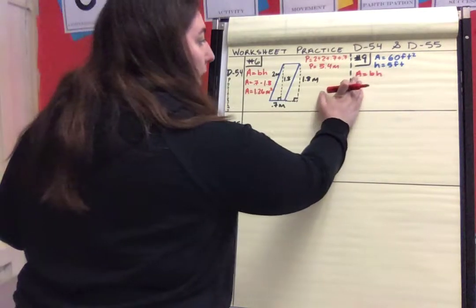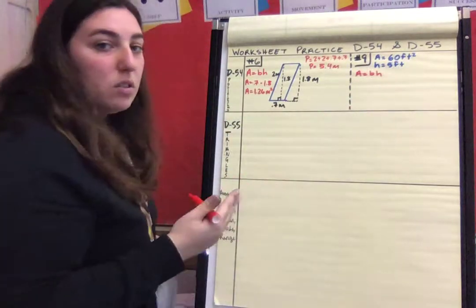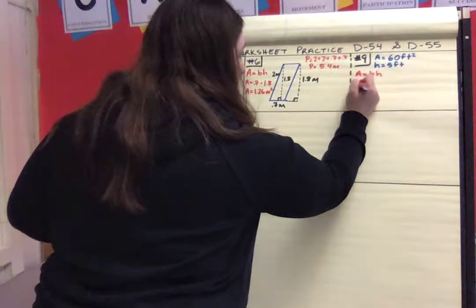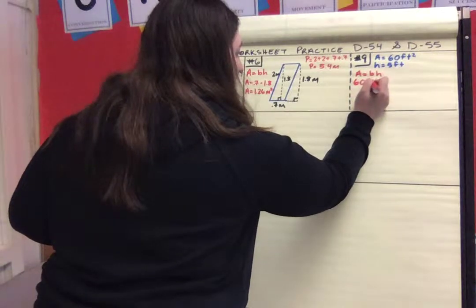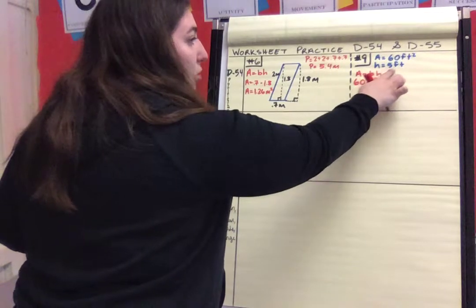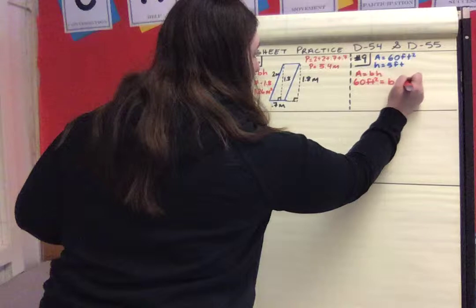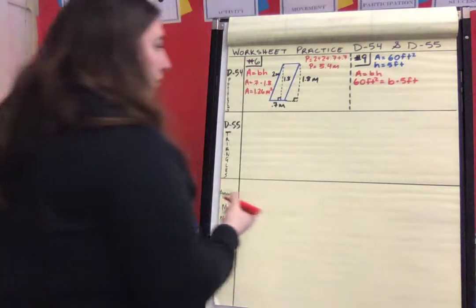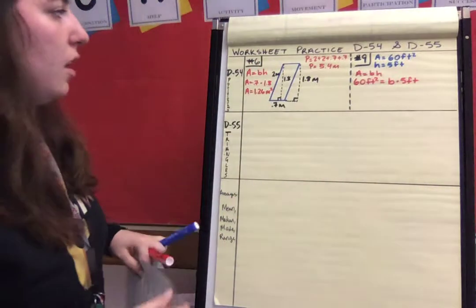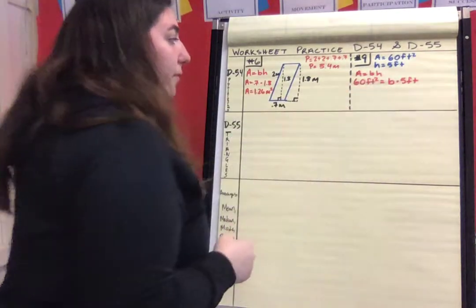So instead of an a, I'm going to replace the a variable with 60 feet squared. And instead of the h, I'm going to replace the h with 5 feet. Okay, so now I have 60 feet squared equals the base times 5 feet.